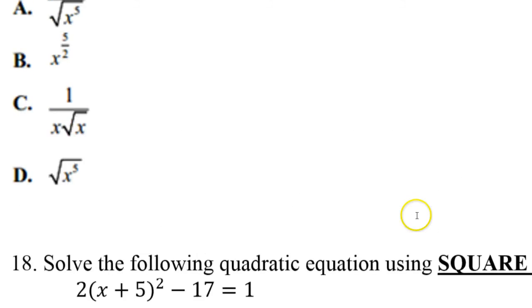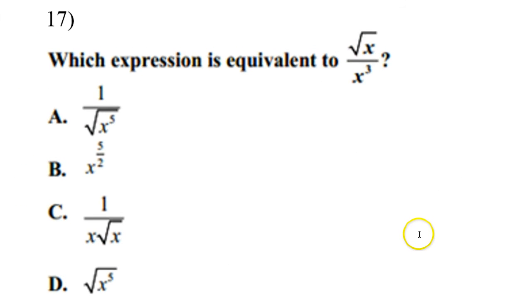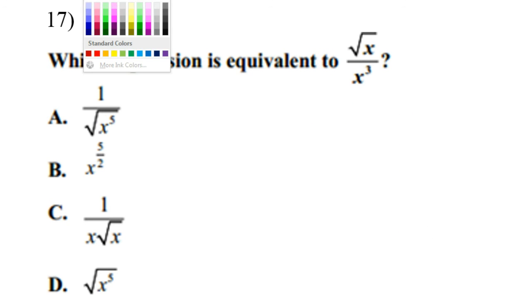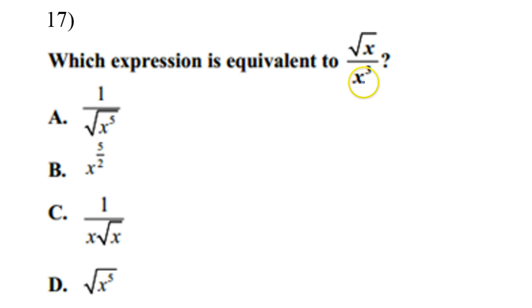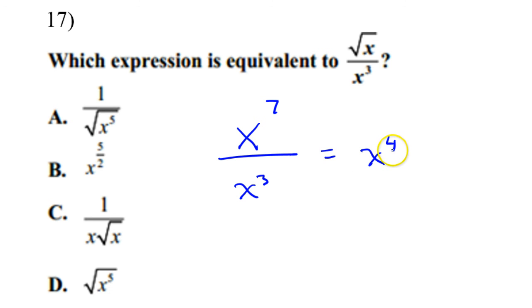Now, alright, so this will be the last problem for this video. So this one takes a slightly bit more thought, but here we go. Look, we're dividing and such here, so understand this. If I had, say, x to the 7th power divided by x to the 3rd power, that would be x to the 4th power.